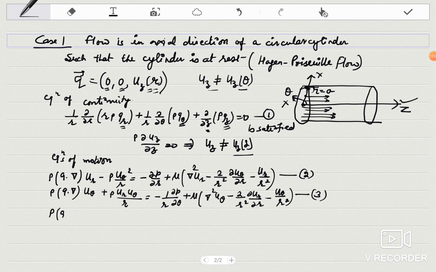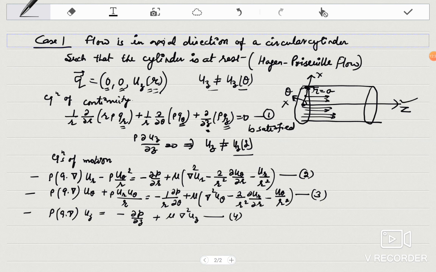Then last, q dot delta for the axial direction. This is for the radial direction, this is for the transverse direction, this is for the axial direction. So rho q dot delta uz is equal to minus delta p/delta z plus mu delta 2 uz. Gravity force has been neglected, so these are the three equations of motion.